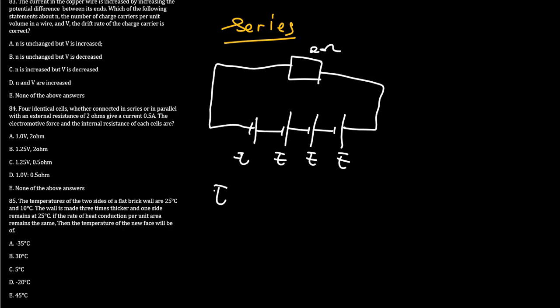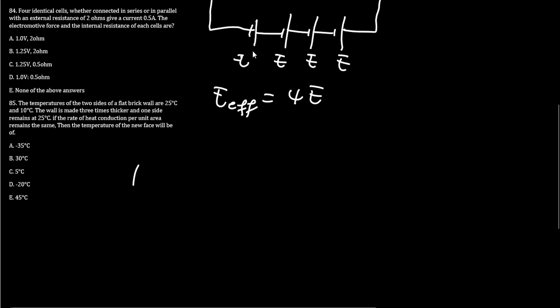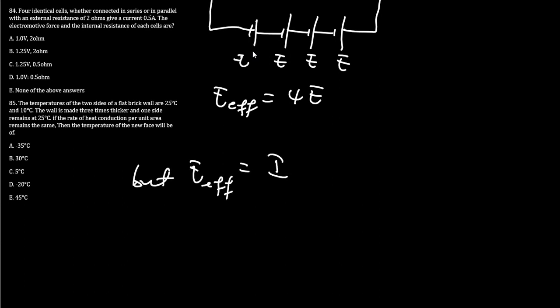So the effective EMF, E effective, will simply be equal to 4E, but the effective EMF is equal to the current into capital R plus small r. And so the external load has a resistance of 2 ohms, and this is going to be R total. So R total is going to be the effective internal resistance, and since they are in series and all of them are identical, it means all of them have internal resistances r.